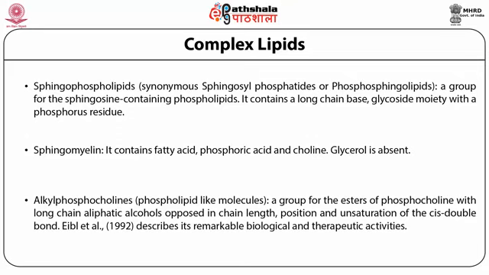The alkyl phosphocholines are a group of esters of phosphocholines with long chain aliphatic alcohols, varying in chain length, position, and unsaturation of the cis double bond. Abel in 1992 and his team describe the remarkable biological and therapeutic activities of alkyl phosphocholines.